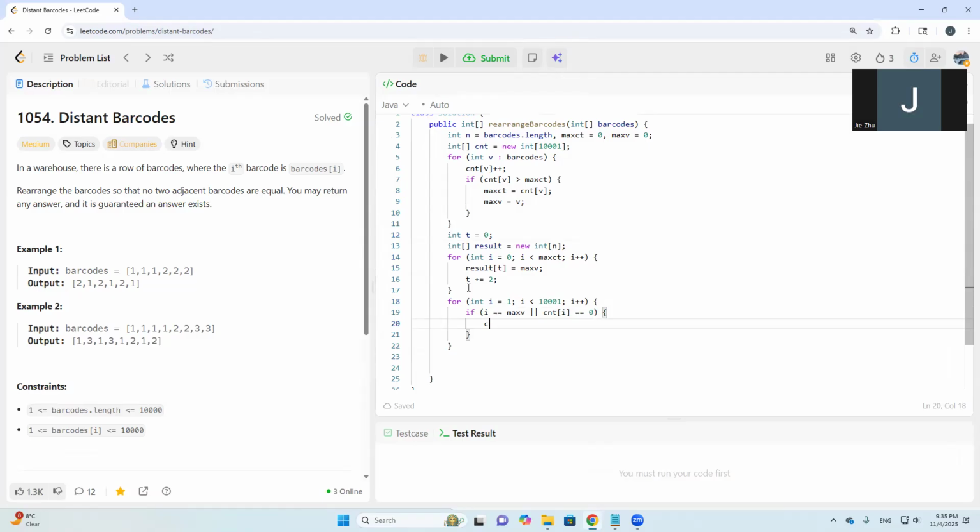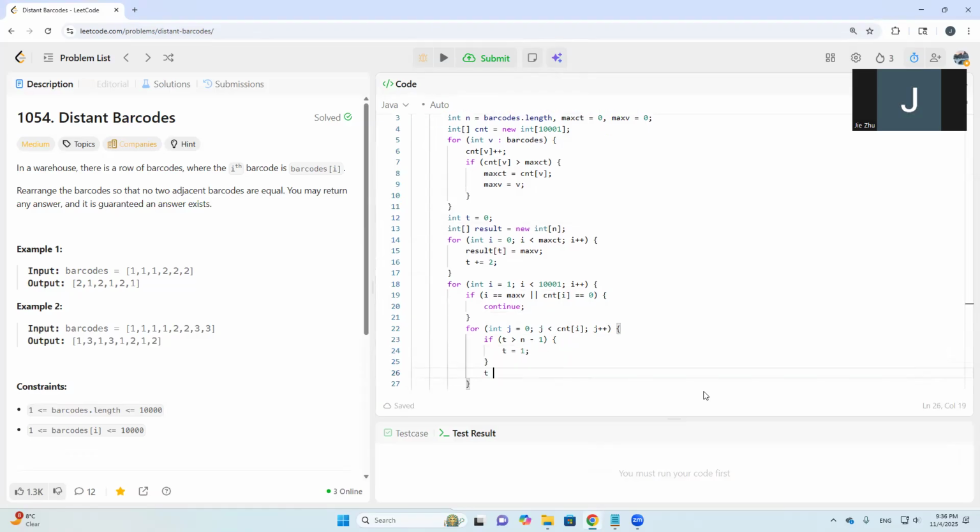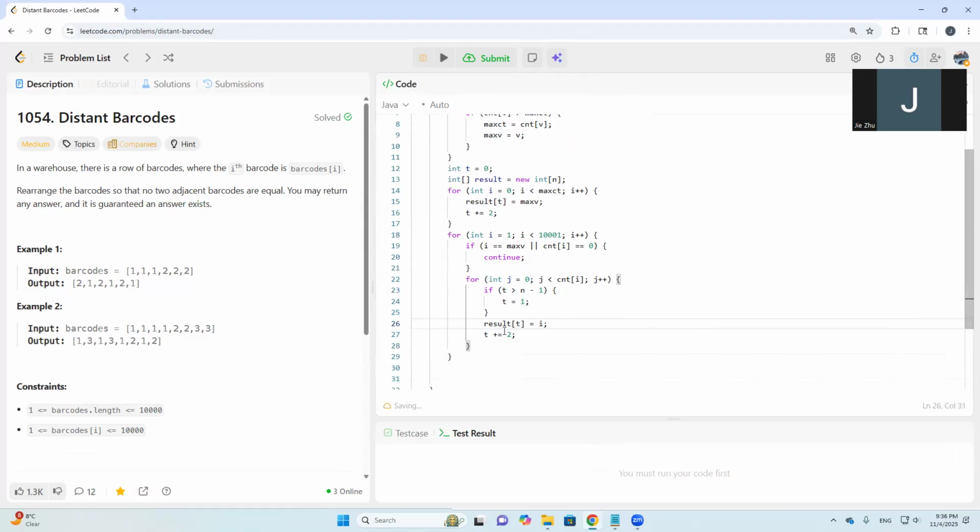Then for int j equals 0, j smaller than count[i], j plus plus: if t is greater than n minus 1, we set t equals 1. Every time we have t plus equal 2, and we have result[t] equals i. And in the end, just return result.